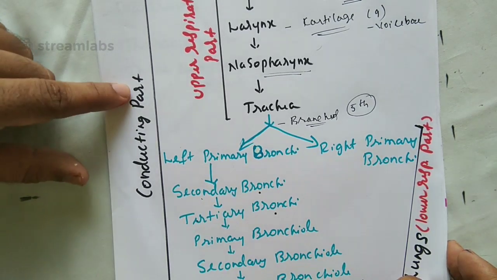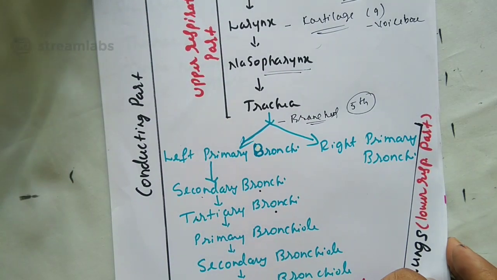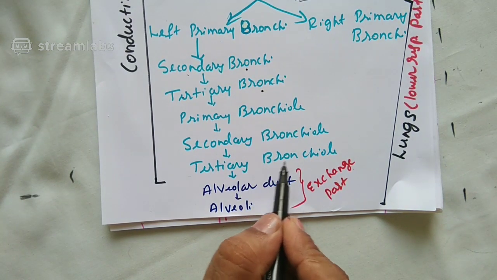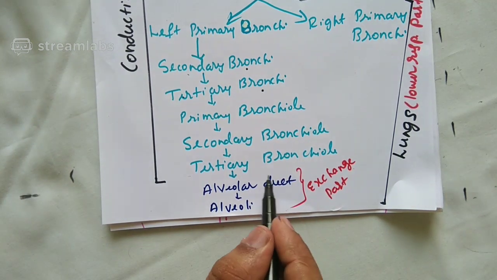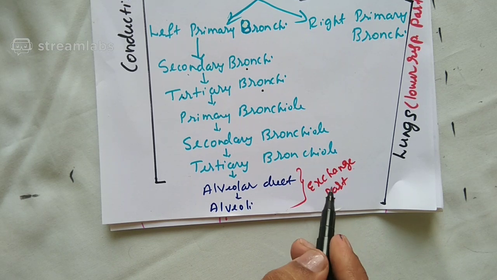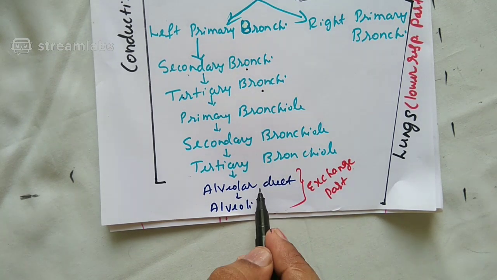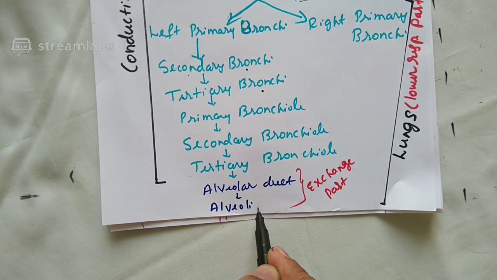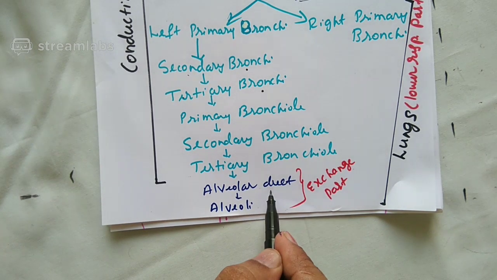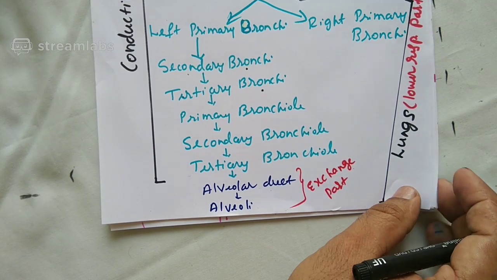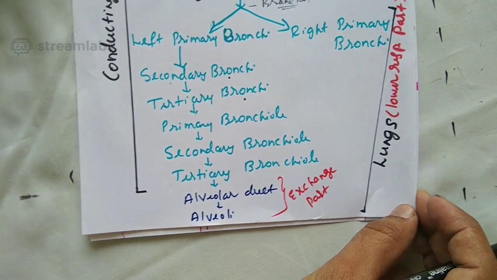So conducting part is from nostril till tertiary bronchiole, sorry. And after the air reaches the tertiary bronchiole, the next part is called the exchange part. An exchange part consists of alveolar duct and alveoli. Please remember, alveolar duct and alveoli is the exchange part. Nostril to bronchiole is the conducting part.